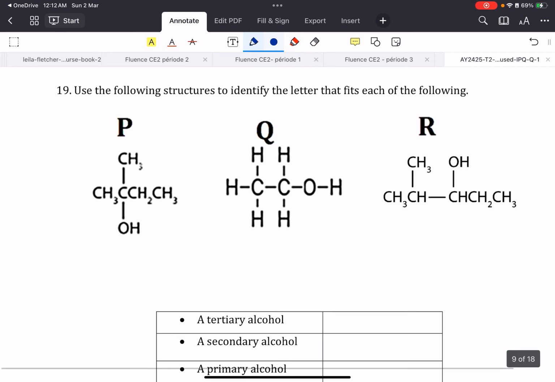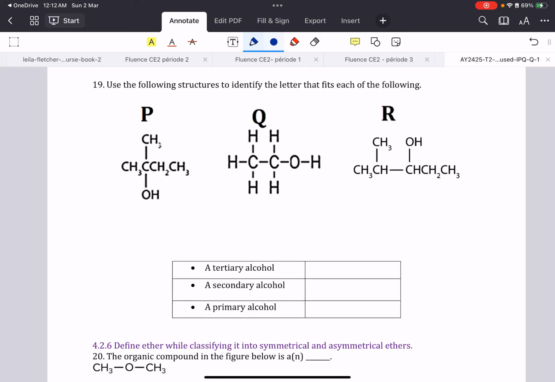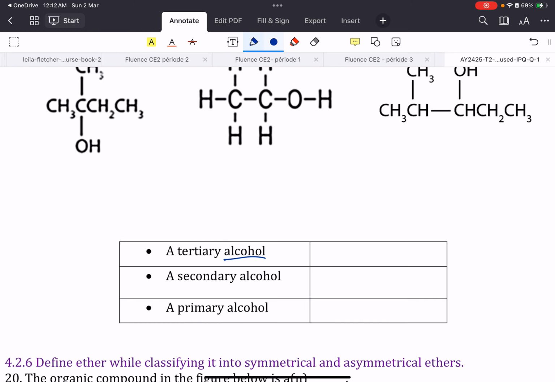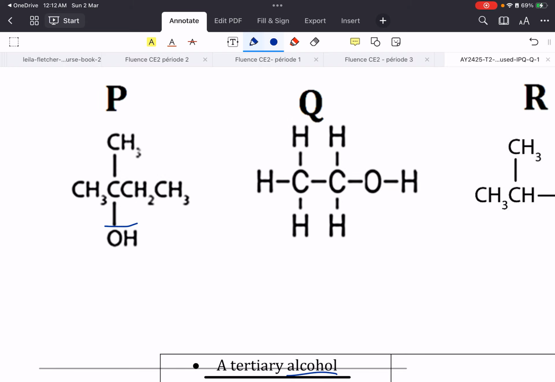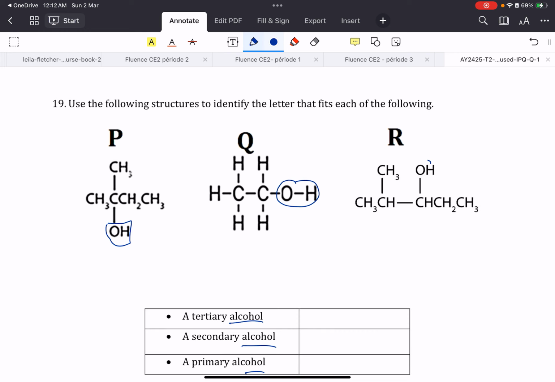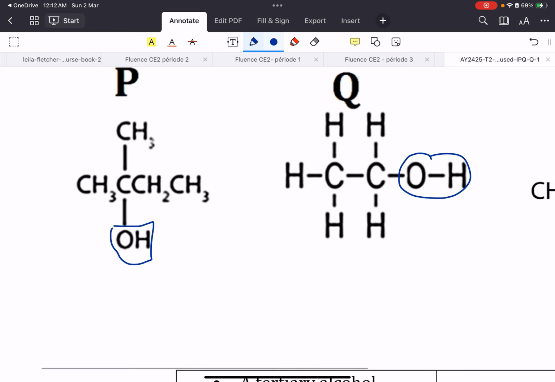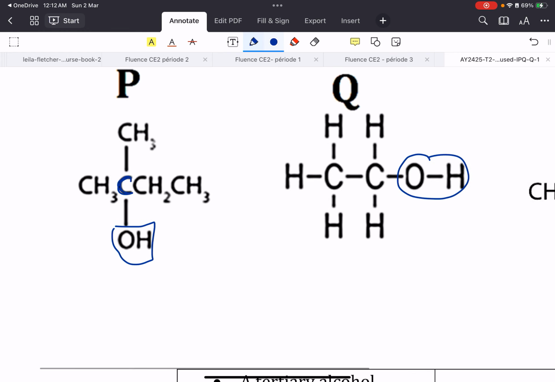Next question. Use the following structures to identify the letter that fits each of the following. Alcohol, classification of alcohols: primary, secondary, and tertiary. Again, I remind you, when you want to classify an alcohol, you need to look for the OH group, and then check the carbon holding this OH group.